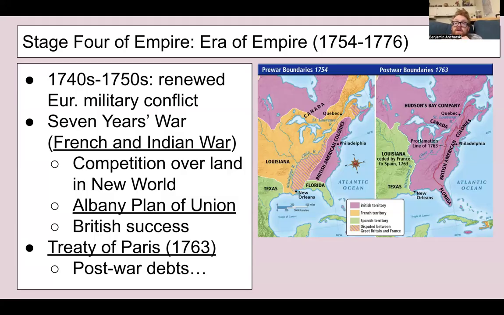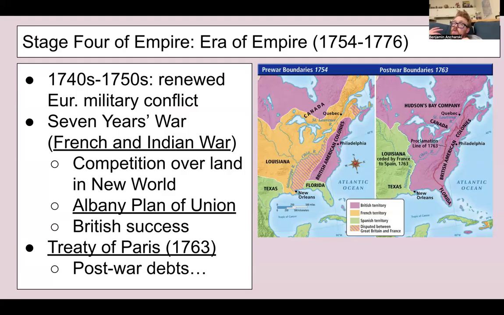In terms of what it wins, look at the map right here. These purple areas are newly acquired lands that now belong to the British Empire. The problem is, even though France has been kicked out of the New World, except for Haiti, aka Saint-Domingue at the time, now the English have all this land.